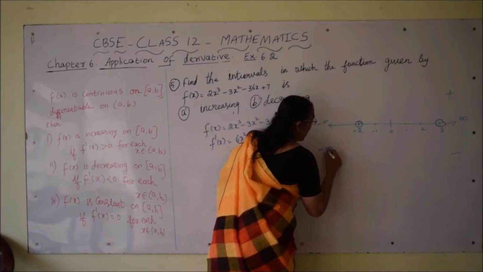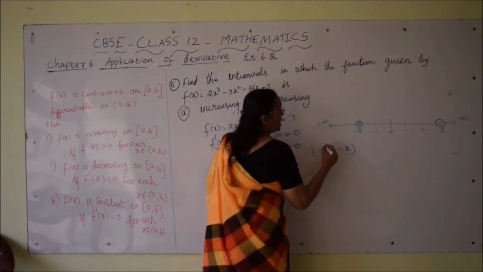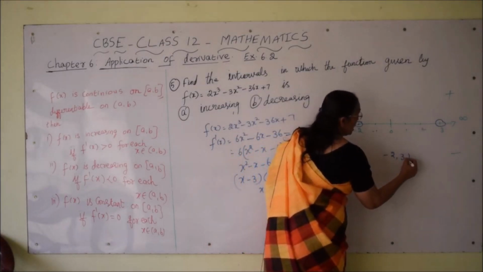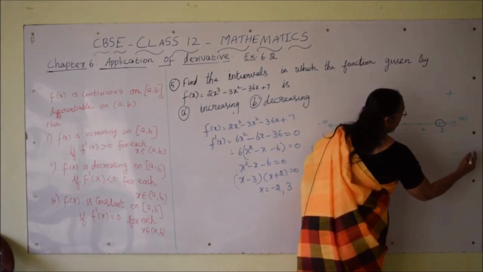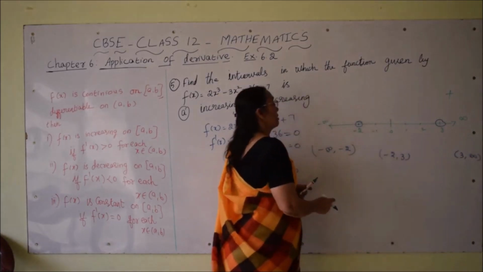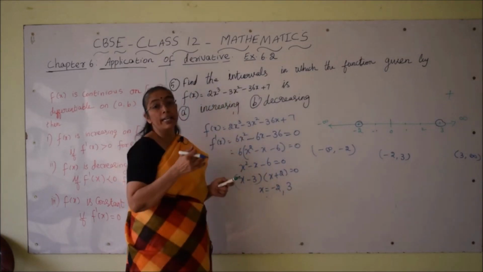One interval is from minus infinity to minus 2, from minus 2 comma 3 is another interval, and from 3 to infinity is the third interval.